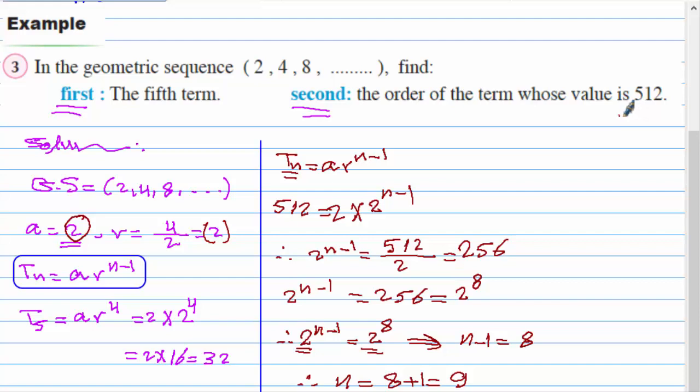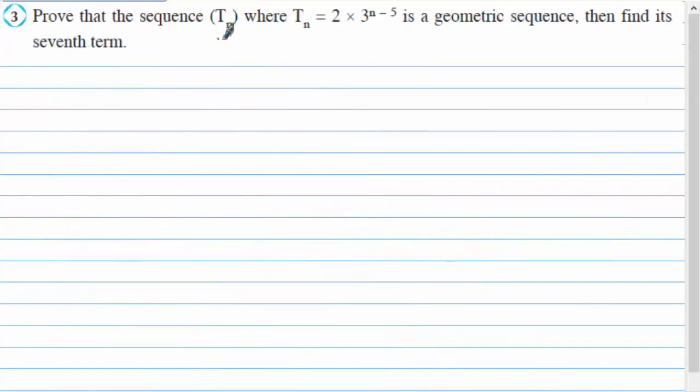Okay, let us take another question. Prove that the sequence Tn, where Tn equals 2 multiplied by 3 power n minus 5, is a geometric sequence. Then find its seventh term.